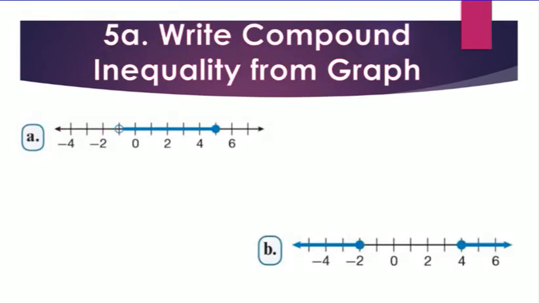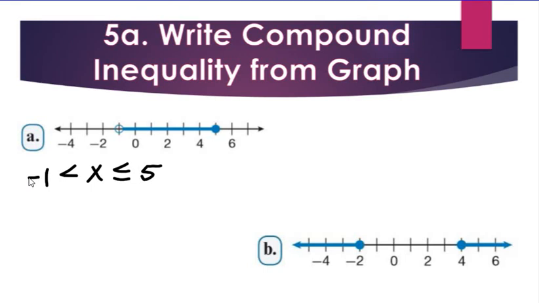Now with graphs, write a compound inequality from the graph. So for this one, I know I have a number at negative 1, and I have a number at positive 5. Because the lines are attached between the two circles, I know it's a conjunction. I'm going to put an x in the middle. So x is greater than negative 1 because it's an open circle and it goes to the right, but it's less than or equal to 5, the equal to part, because it's a filled in circle, less than goes to the left.